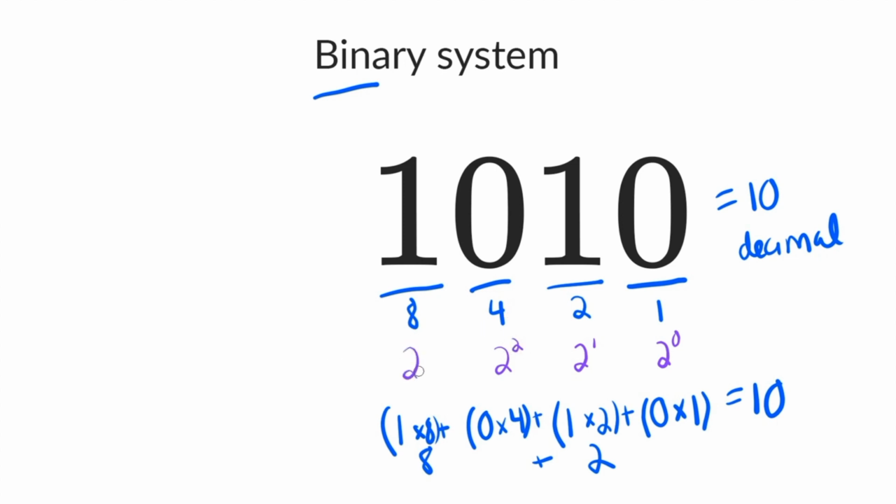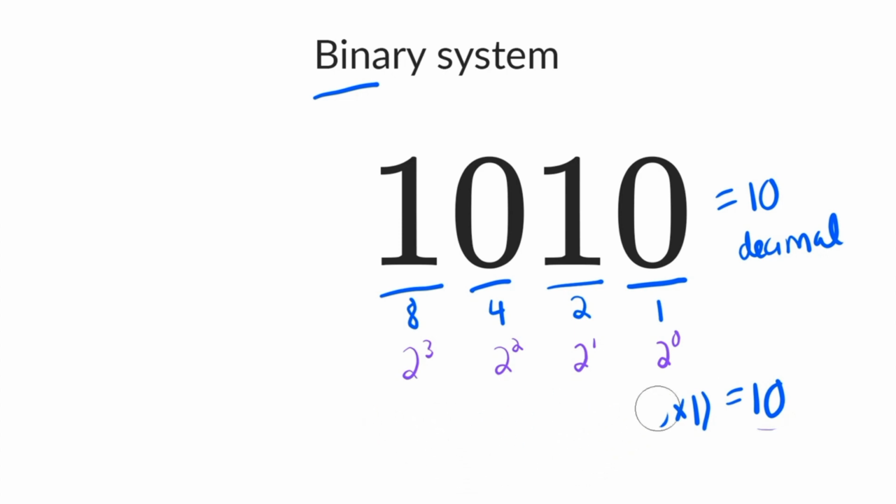And this fourth bit is 2 cubed, 2 to the power of 3. That's 8. That's the only difference between decimal and binary, what each place represents. Once we know that, we see what digit is in each place, we multiply them together, and we get our final value. Now let's try to convert another binary number to decimal.